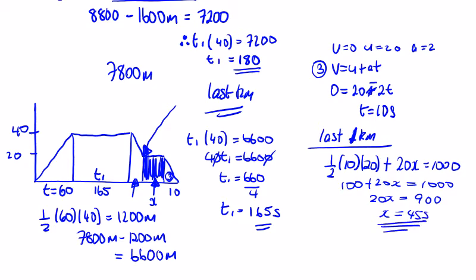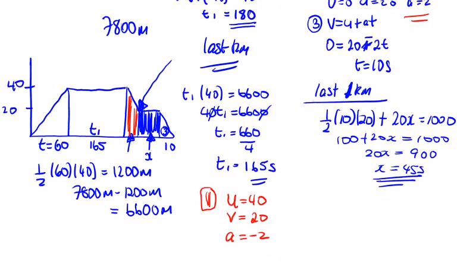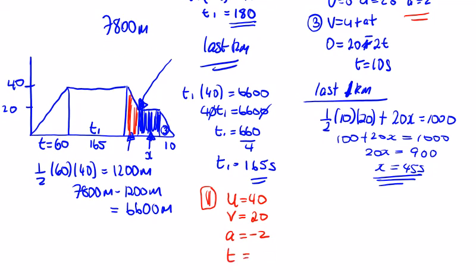I'm going to work backwards now. I'm going to color this one in red. So this one here, the red bit. My initial velocity was 40. My final velocity was 20. My acceleration stays the same as up here, minus 2. And I'll call time t.